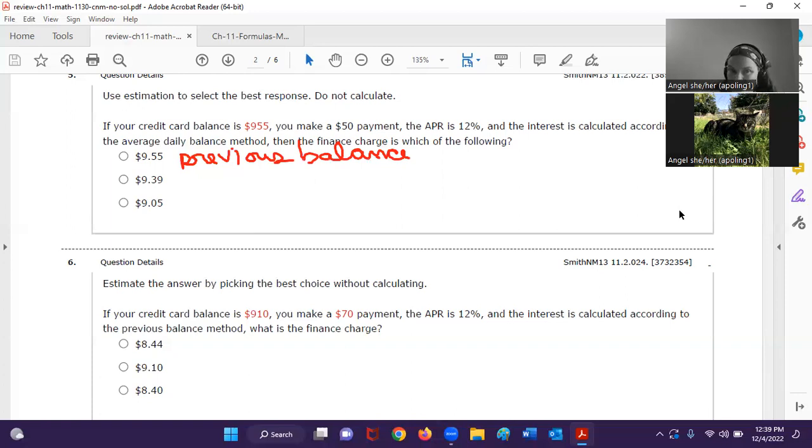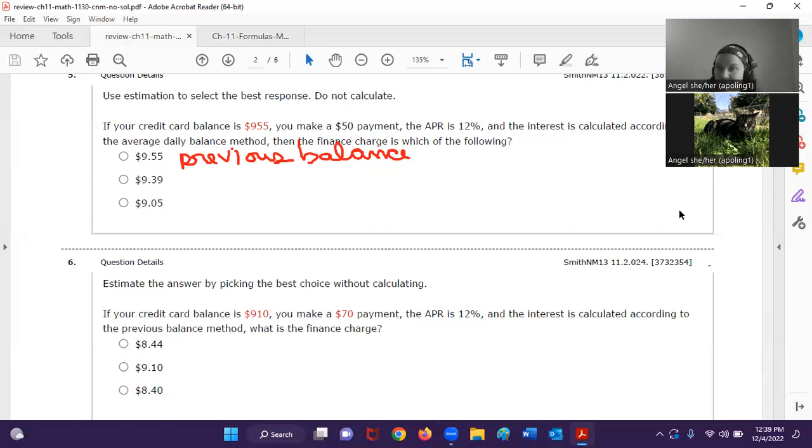So we're just taking 0.01 times 955, and this would be the value that we would calculate.